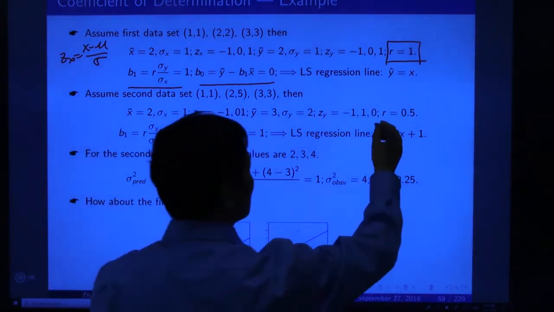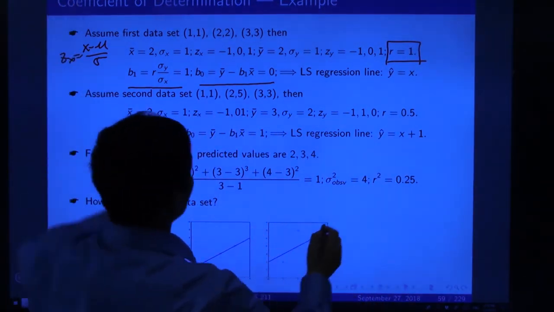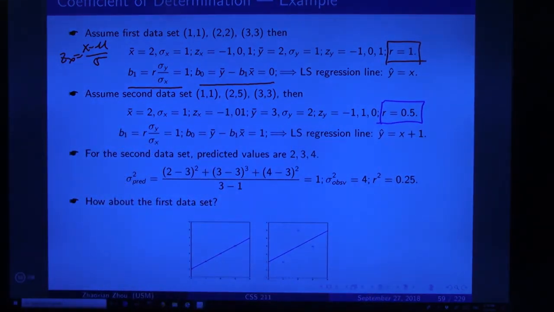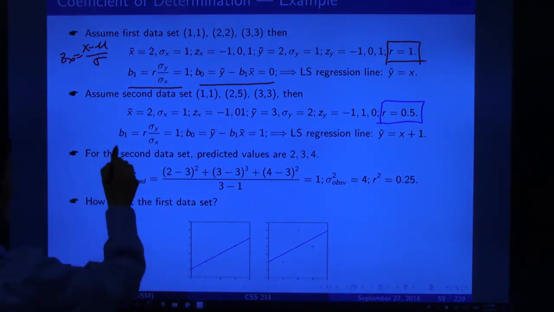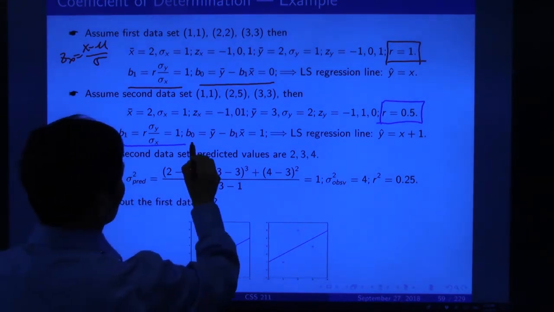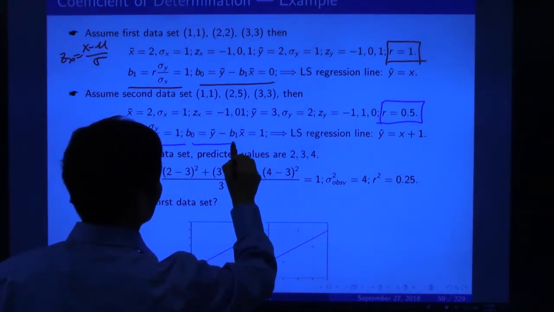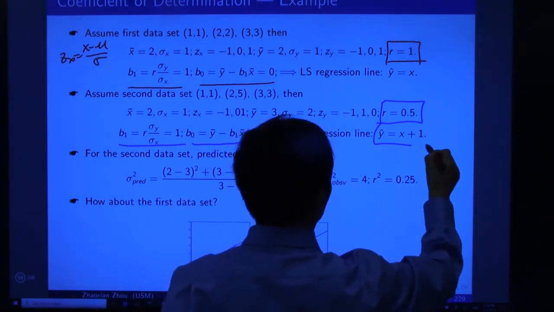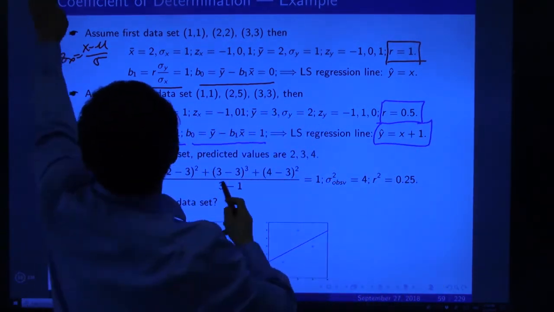And we calculate for this example that r equals 0.5. And the b1 slope equals 1, and the y-intercept equals 1. So the line here equals this one.